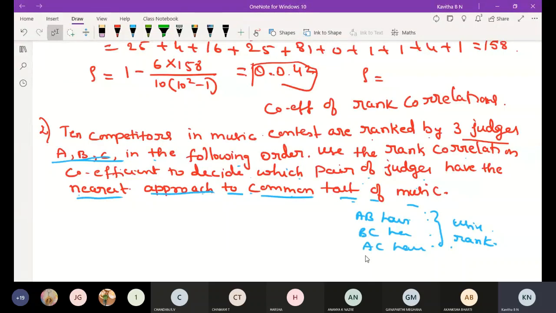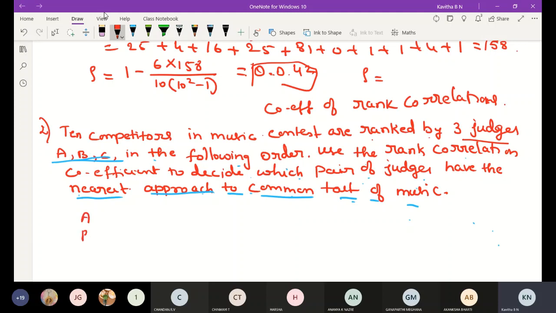Still the question is not completed. We have to write the data here.